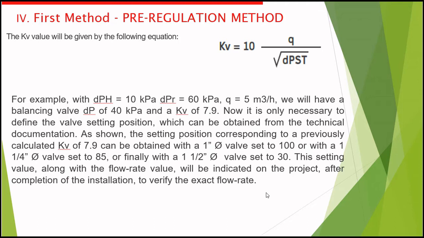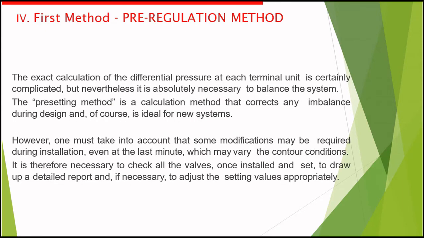This setting value along with the flow rate value will be indicated on the project after completion of the installation to verify the exact flow rate. The exact calculation of the differential pressure at each terminal unit is certainly complicated, but nevertheless it is absolutely necessary to balance the system. The presetting method or pre-regulation method is a calculation method that corrects any imbalance during design, and of course it is ideal for new systems.